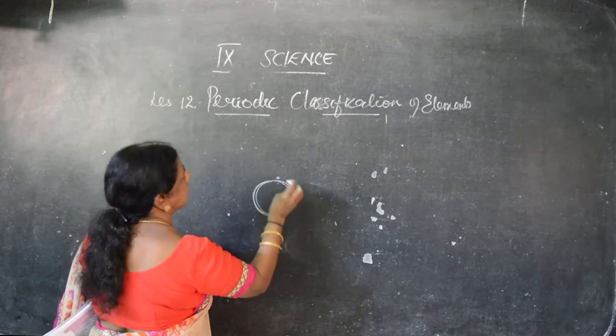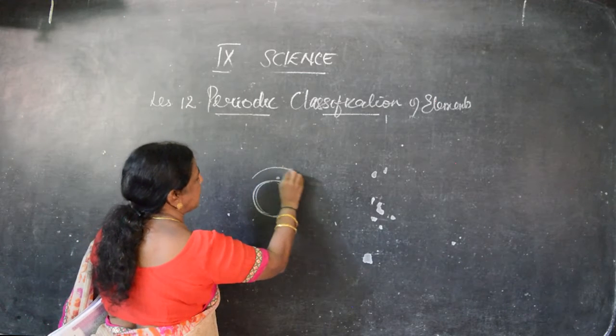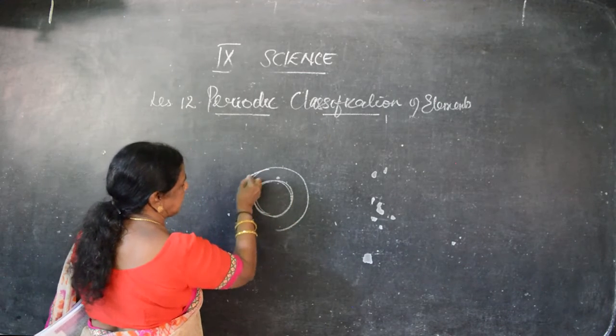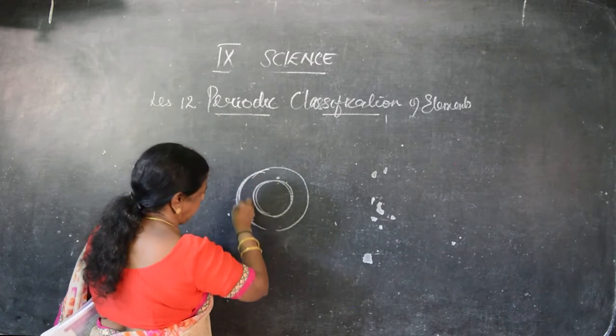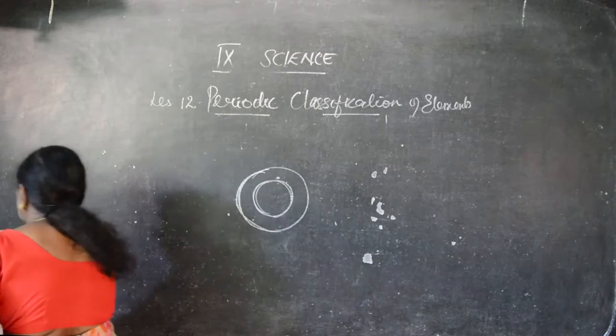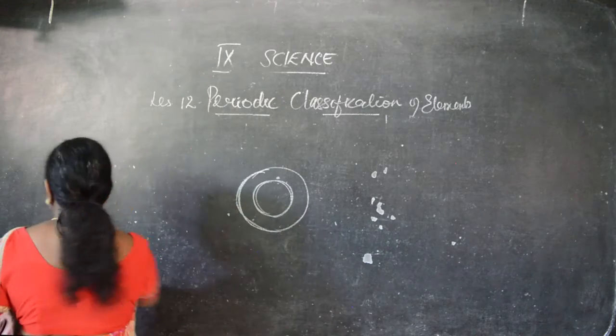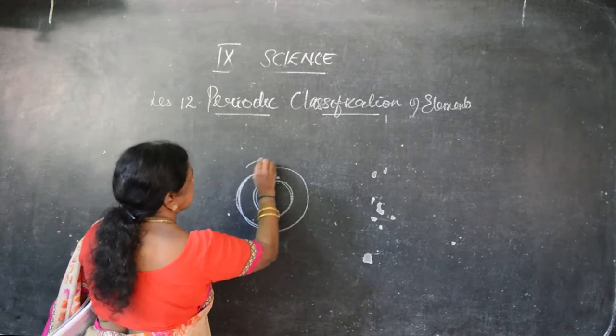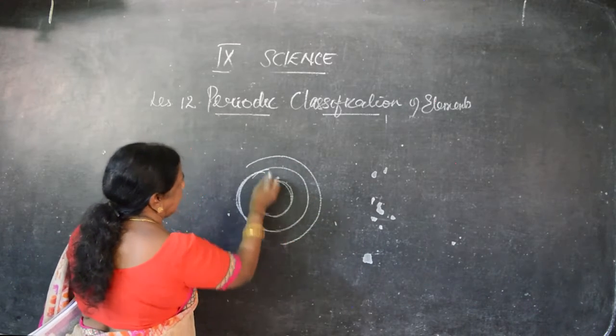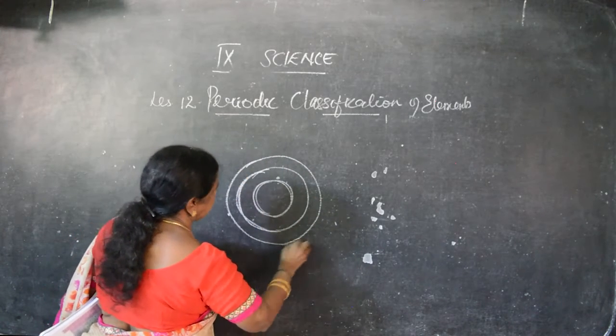In center, nucleus is present. Around the nucleus is an empty place. Around the nucleus, orbits are present. The orbits are otherwise known as energy levels.